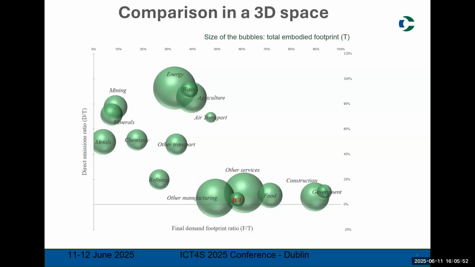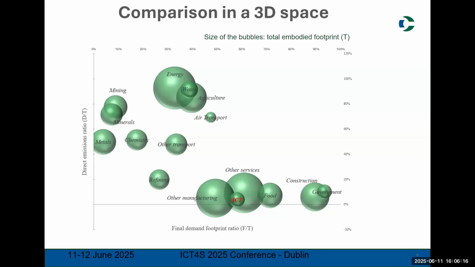Now trying to analyze the position of the ICT bubble on the X axis, we see that 60% of the ICT footprint serves final demand. So only the remaining 40 percent are emitted to satisfy the intermediate needs.